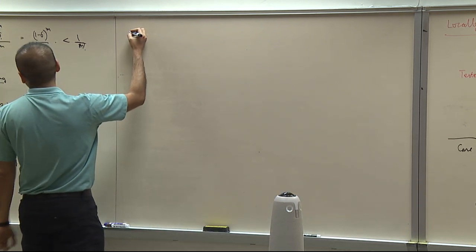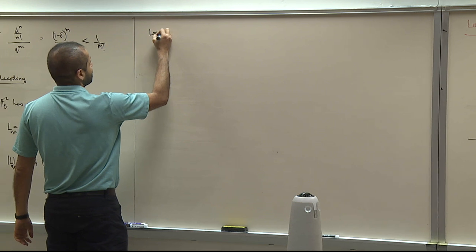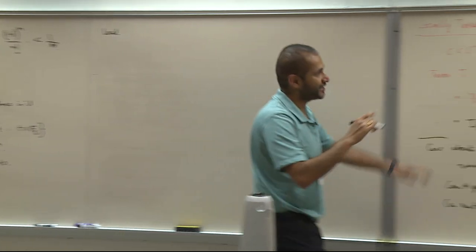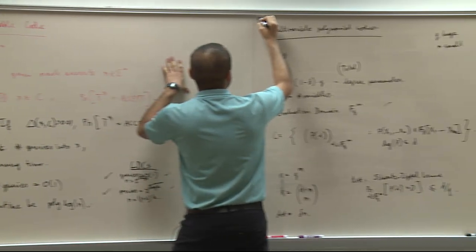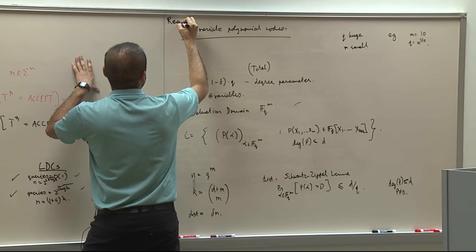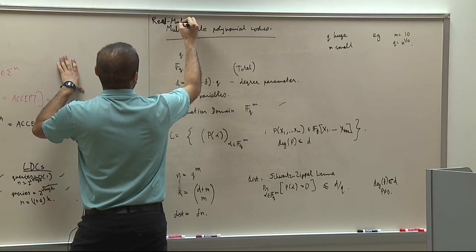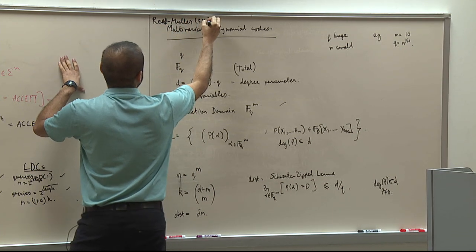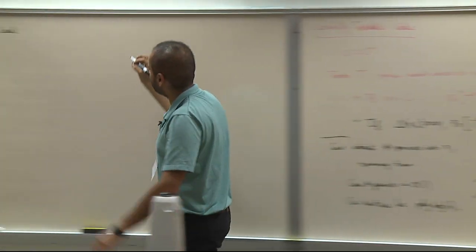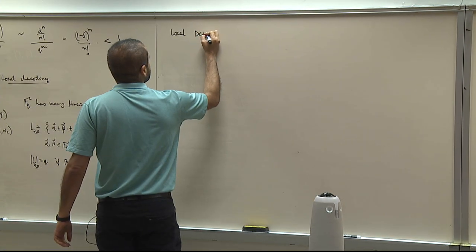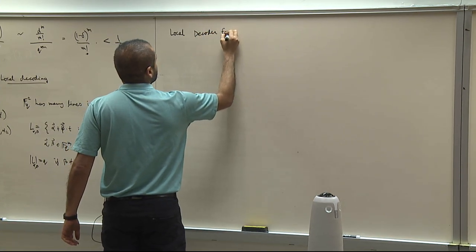So here is the local decoder for these codes. These codes are sometimes called Reed-Muller codes. I'm going to call them RM for now. Local decoder for RM codes.